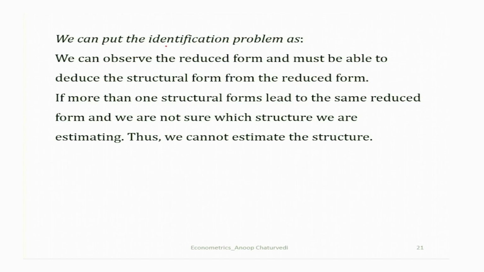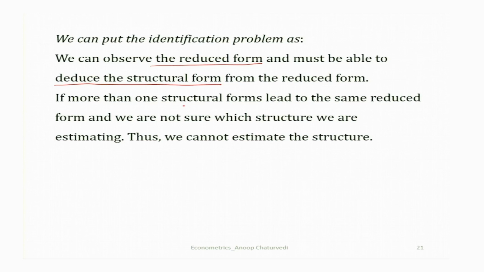So, we can put the identification problem in this form. Say we can observe the reduced form and must be able to deduce the structural form from the reduced form. So, for a particular equation, if you are able to deduce the structural form coefficients using the reduced form coefficients, all the reduced form coefficients, then you say that that particular equation is identifiable.